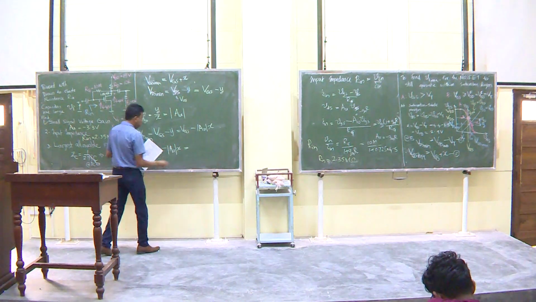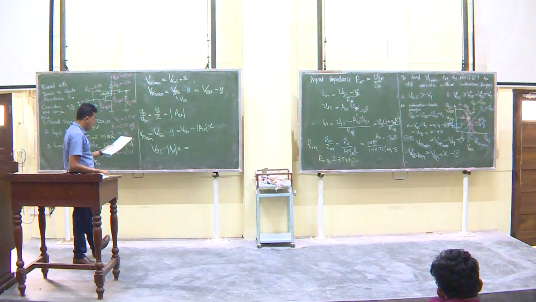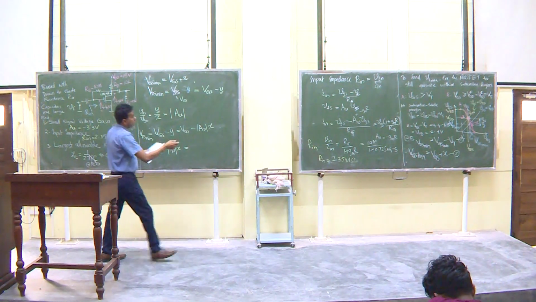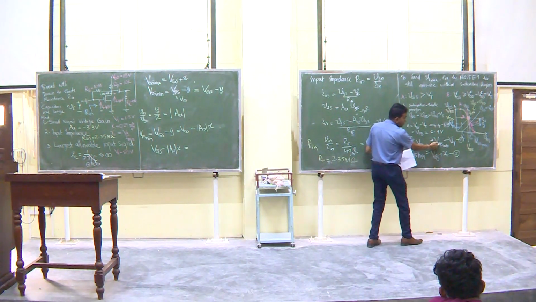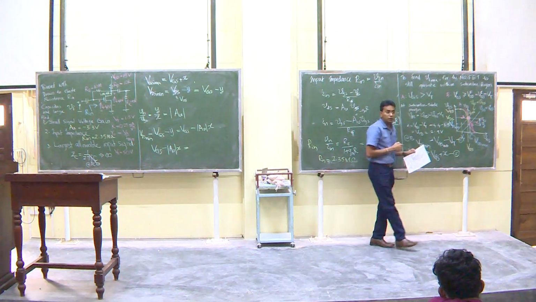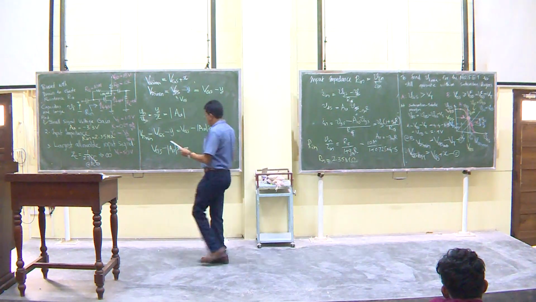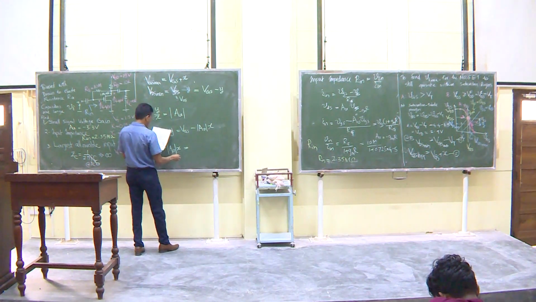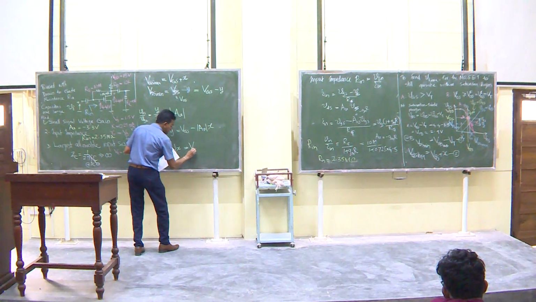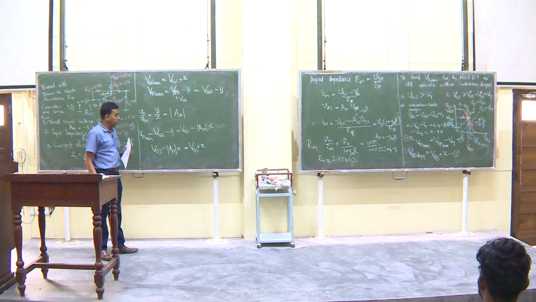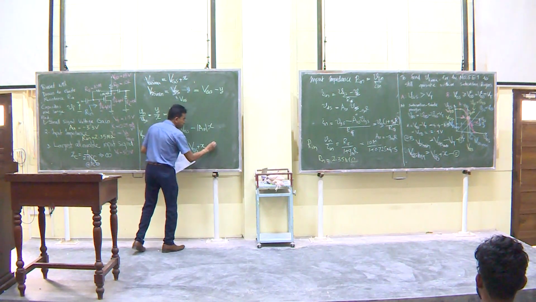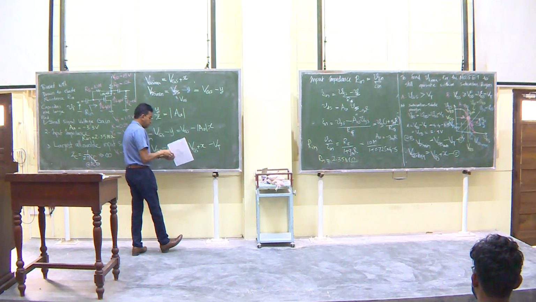Is also equal to, from 1, VDS mean is equal to VGS max minus VT, right? Is equal to VGS max is VGS plus X. This VGS max minus VT.